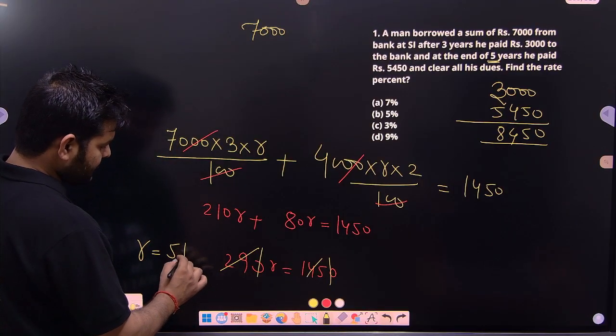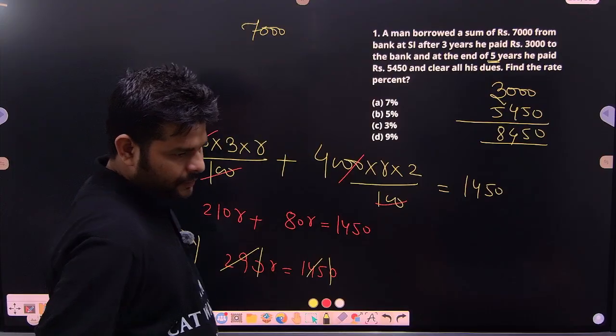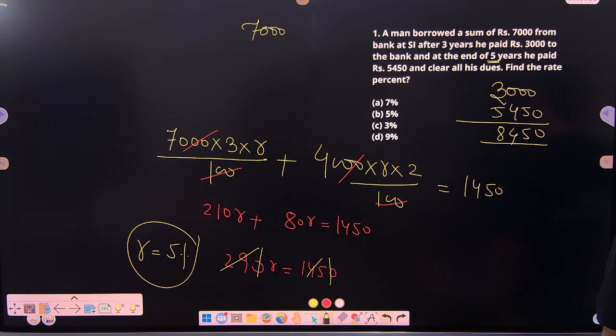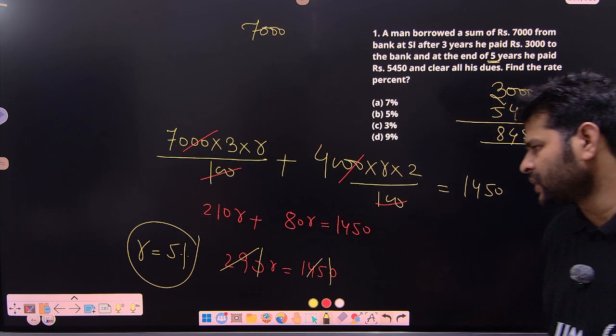So the rate of interest imposed is 5%. The difference between type 1 and type 2 is that in type 1 the installment was given on a regular monthly basis, but over here the interest is being given on a yearly basis. Got it or no? Let's move on to the next one.